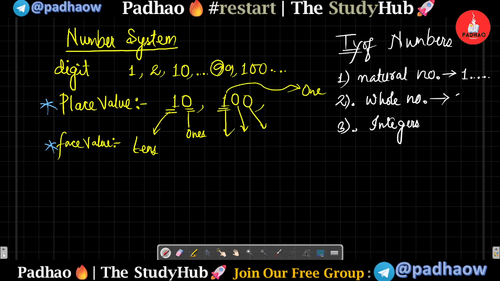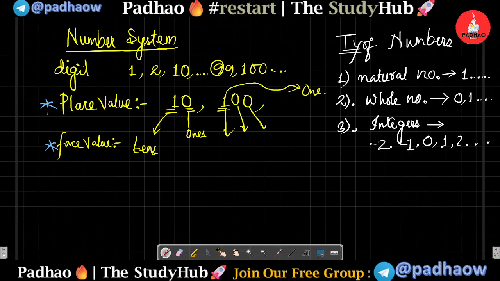Whole numbers start from 0 and go up to infinity. Integers are a combination of both: 0, 1, 2, 3 till infinity, and also negative numbers. It can be negative or positive. It includes everything, so that is known as integer numbers.